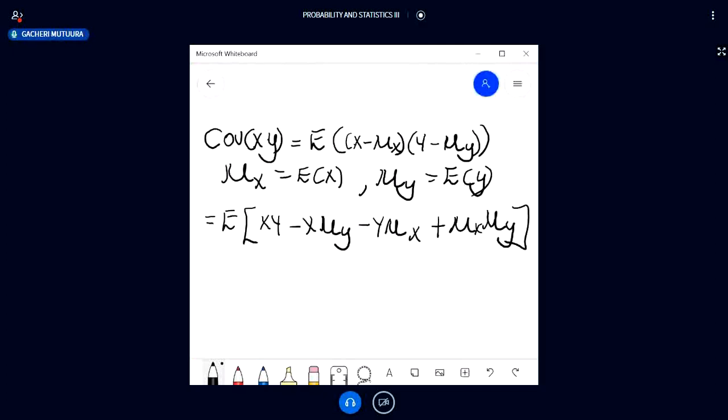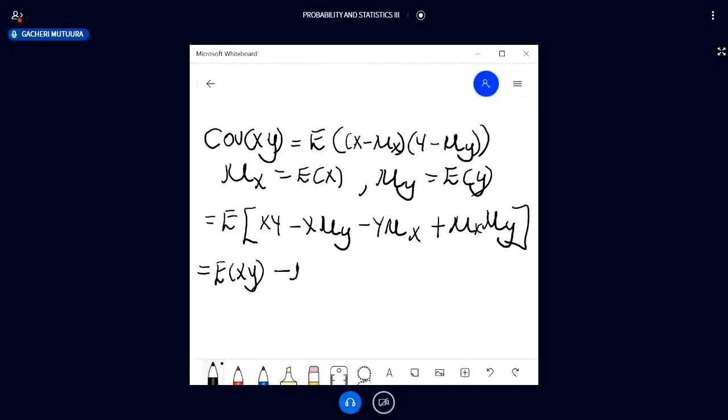After expanding it, we can now apply that expected value, knowing that it will only affect the variables. It will not affect the constants. So we are putting this E inside the bracket. Of course, it's going to affect xy. So we are going to have the expected value of xy minus mu y, which is a constant, so it will not be affected by the expected value, but x will be affected.